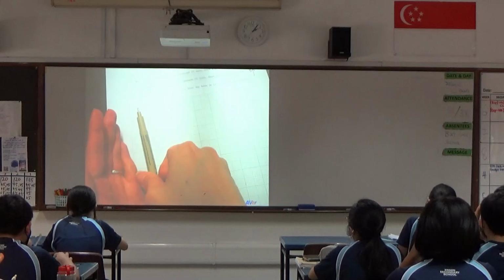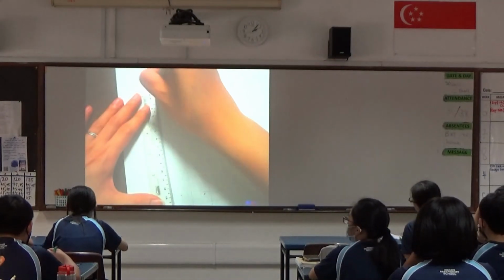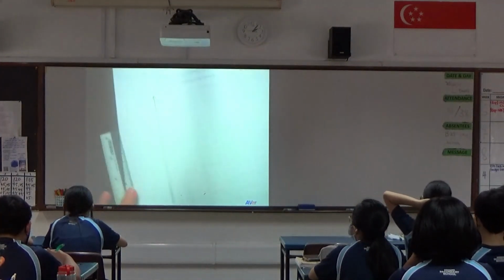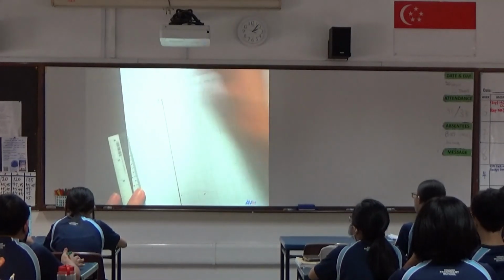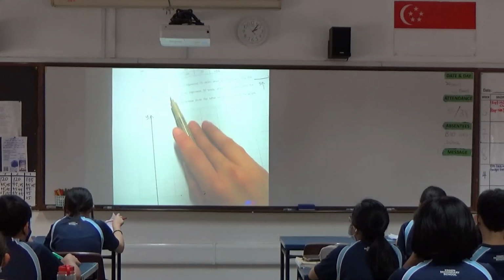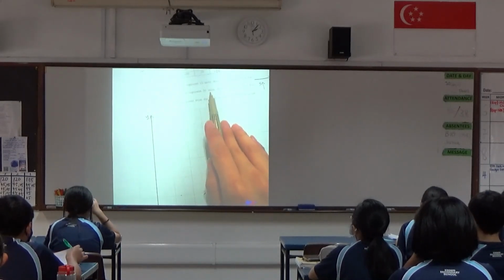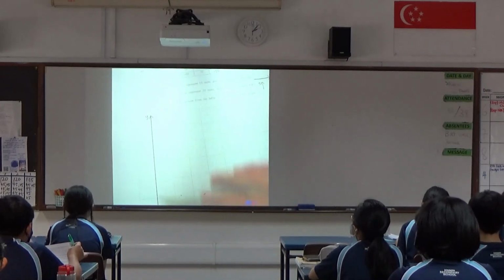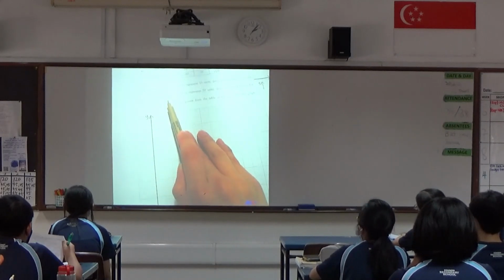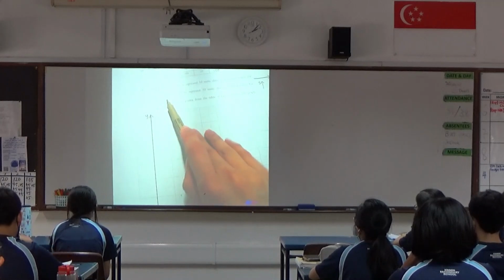Since my 0 is supposed to start here, I will draw my y-axis down to indicate that 0 starts here. Now, don't copy yet. Next is the next instruction. 2 cm to represent 50 units for the vertical y-axis, and it is from negative 150 to 150. Up to you which number you want to start with. I like to start with a positive number, then count backwards.